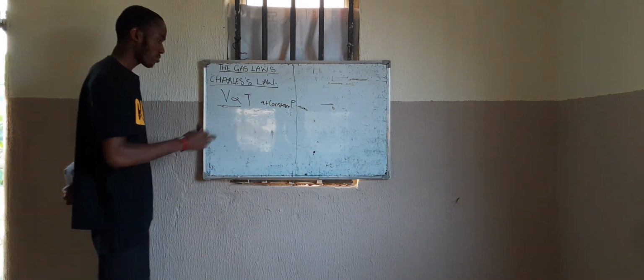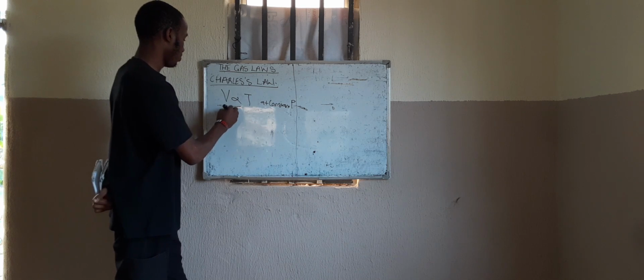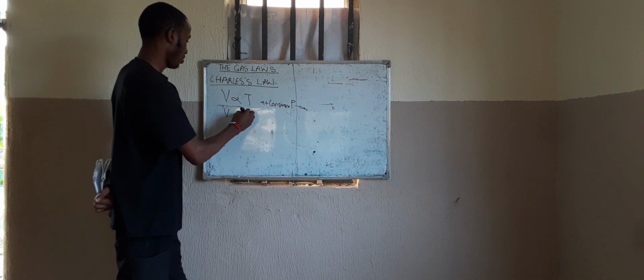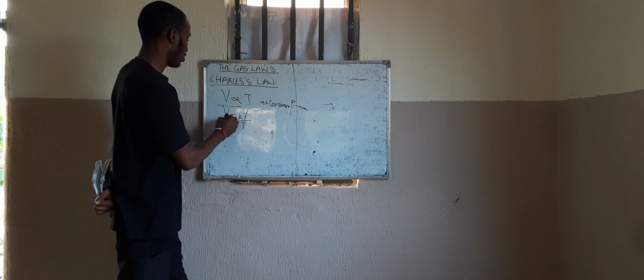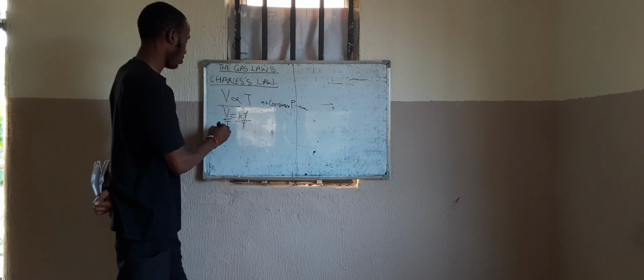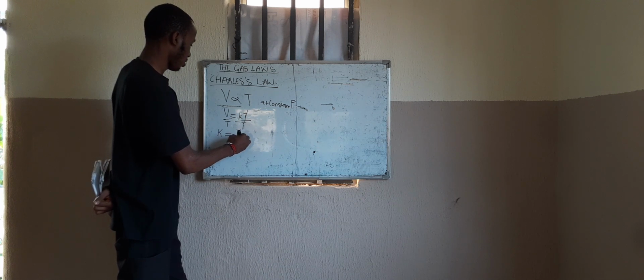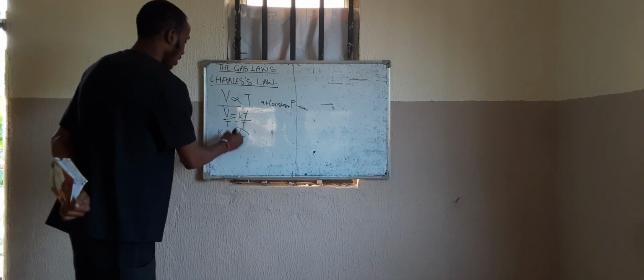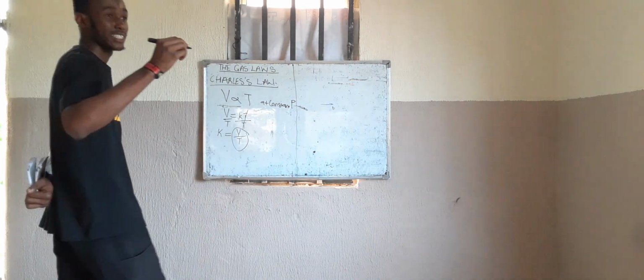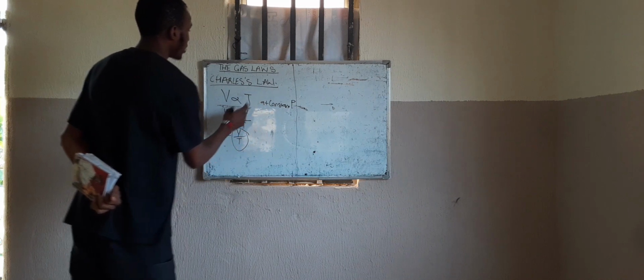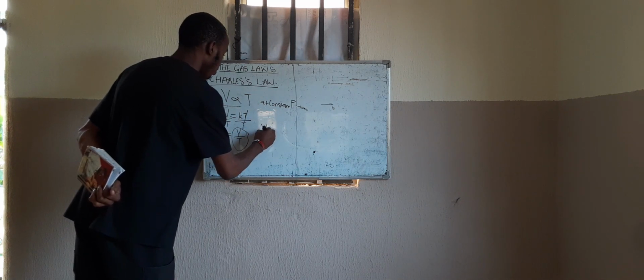So now this is the constant. So what do we make the subject of the equation? V over T. So from this now, just like we did before, the formula for Charles' law is V1 over T1 equals V2 over T2.